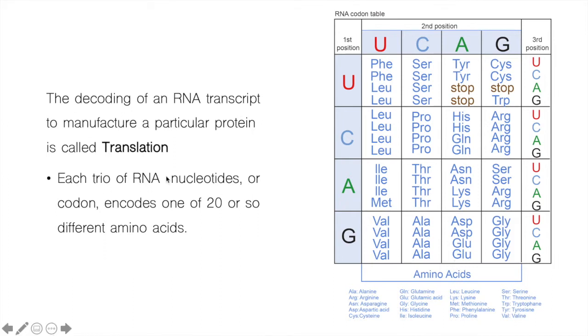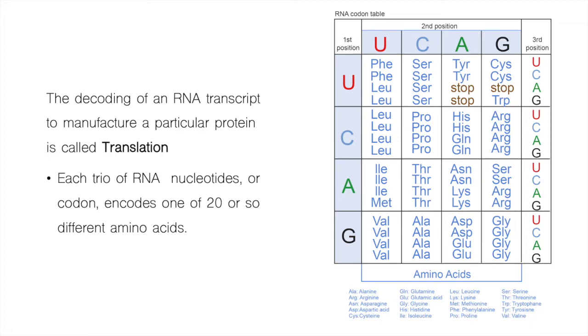This is what is called the process of translation, when the RNA that has this specific code is translated into amino acids. It recognizes three nucleotides in the RNA, and those three nucleotides are codifying for a specific amino acid, and a chain of amino acids is what is called a polypeptide chain or a protein.